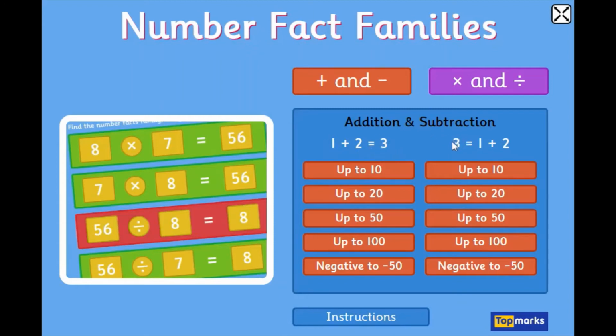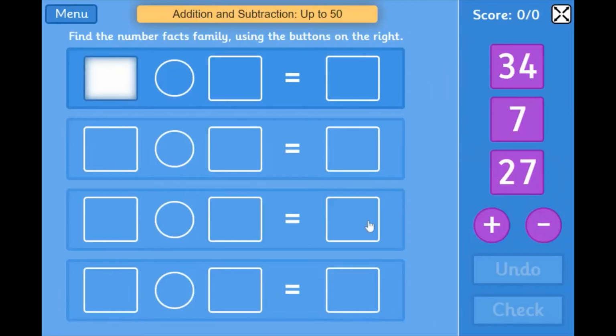And for this part of the game, the answer comes first. Now, it doesn't matter which one you play, that's up to you. Now, when you're doing addition and subtraction, I suggest you choose up to 50 or up to 100 to make sure you're working your brain properly. And I'll just show you what it looks like.